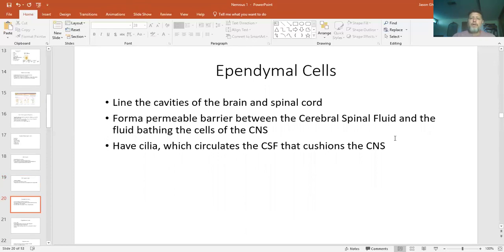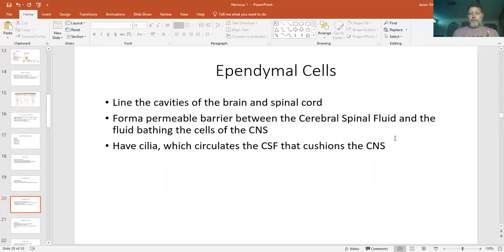You have ependymal cells. These are in the cavities, and they have cilia. The cilia are used to circulate the fluid. In the circulatory system, we have the heart that uses pressure to move blood around. In the central nervous system, there is no pressure. It's a zero pressure system.